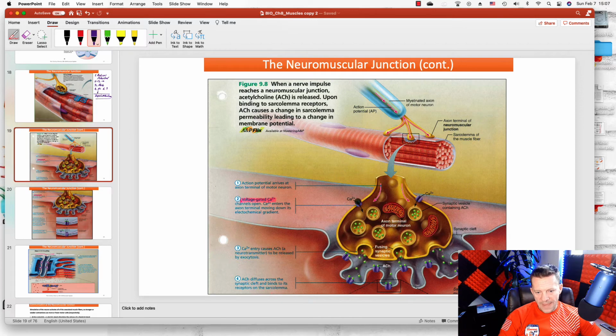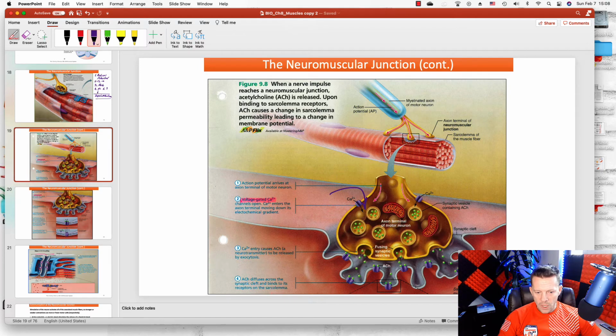They will open, and calcium will enter the axon terminal. So that calcium will move down its electrochemical gradient. So the calcium entry causes acetylcholine, the neurotransmitter, to be released by exocytosis.